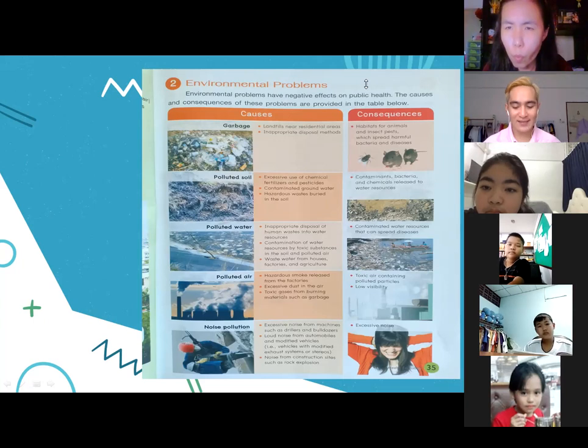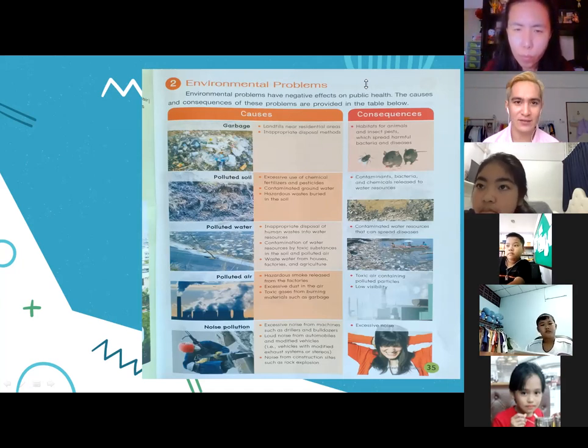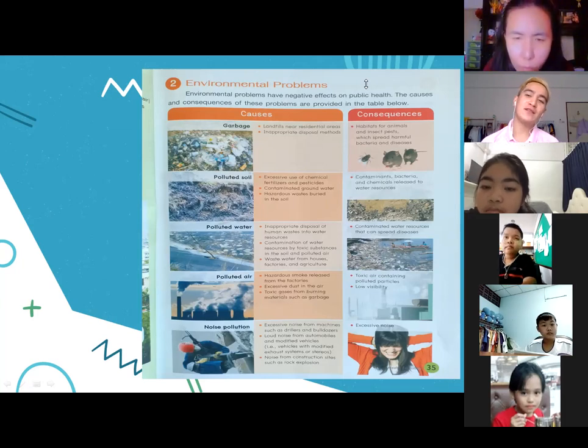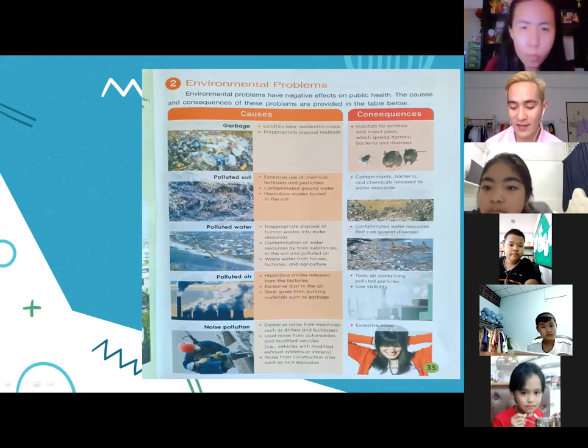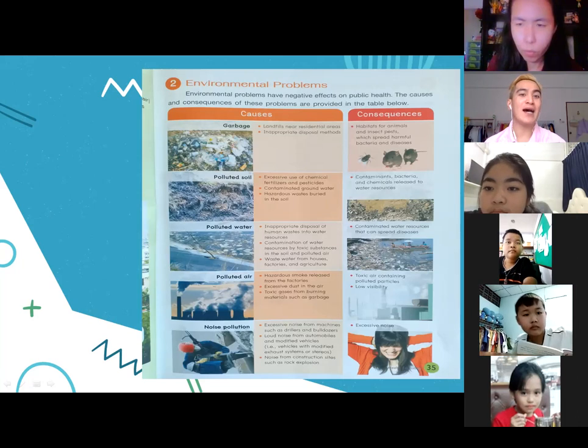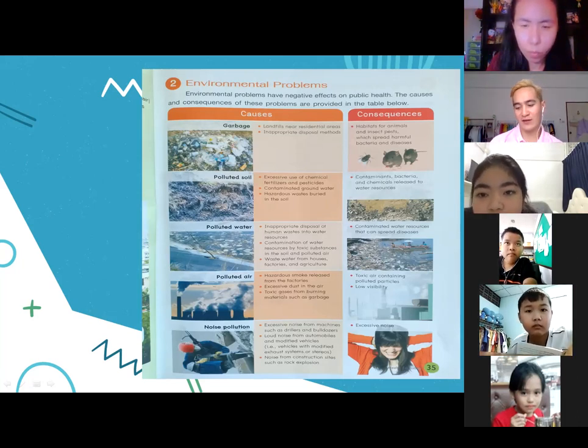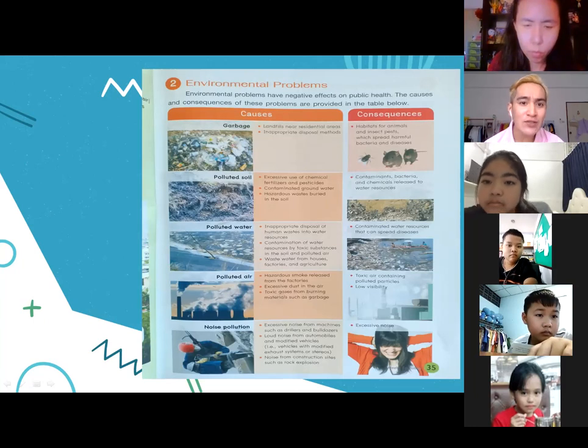So next, the consequences we have here: habitats for animals and insect pests which spread harmful bacteria and diseases. That's one of the consequences when we have inappropriate garbage disposal methods. It can be the house of bacteria, or you can see a lot of insects and pests there, like rats, flies, mosquitoes.